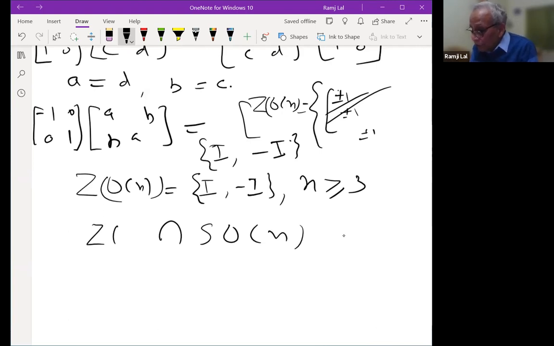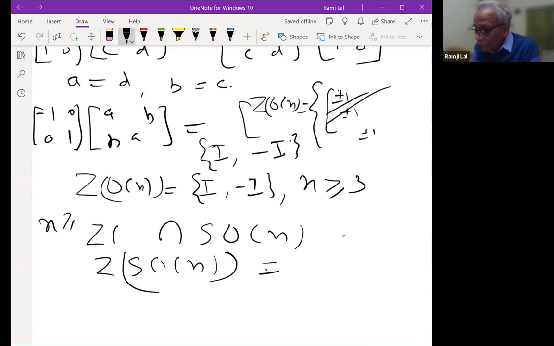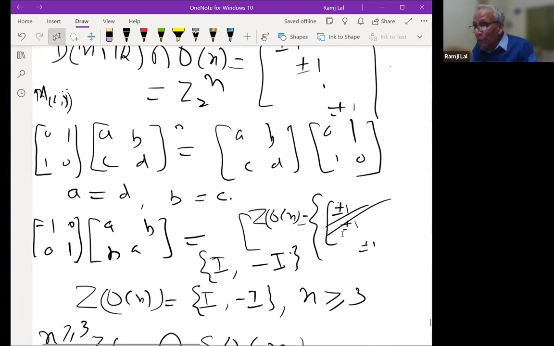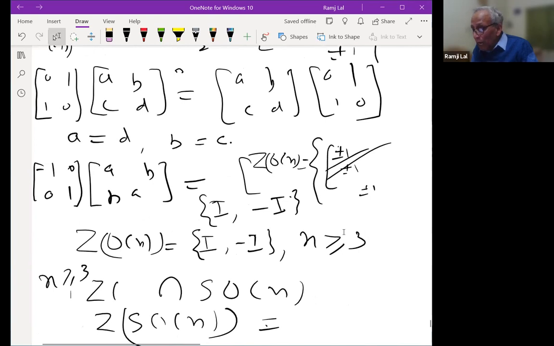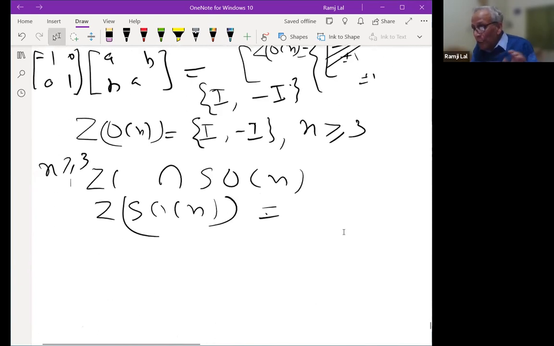So the center of SO(n) is what? I'm assuming here n to be greater than or equal to 3, because for 2 you don't have a choice. If the determinant becomes -1, how do you make it 1? By choice that is not possible, so you have to be clever enough. For n greater than or equal to 3, you can do it.